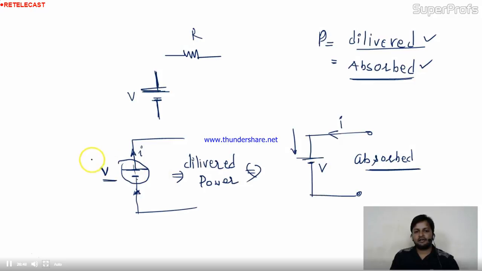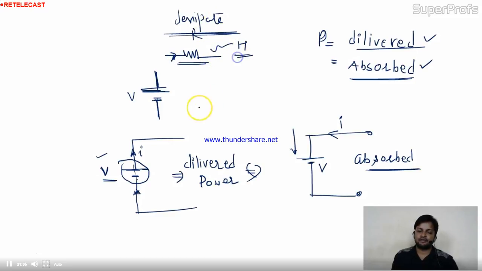Now this is all about the source, but what about the elements? These elements always absorb the energy or dissipate the energy actually. Energy dissipation we call it. Any element will consume the energy and will dissipate it in the form of heat and so on. It means they are going to spend all the energy.